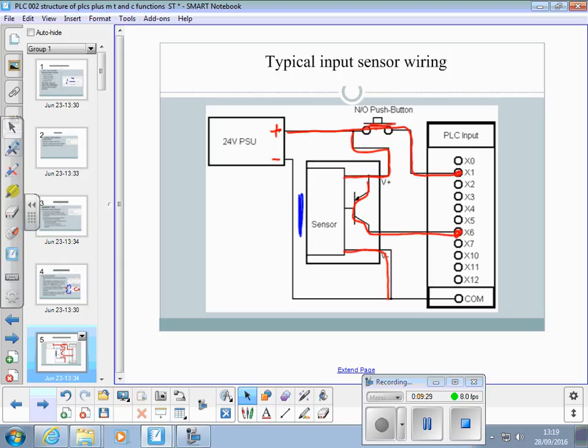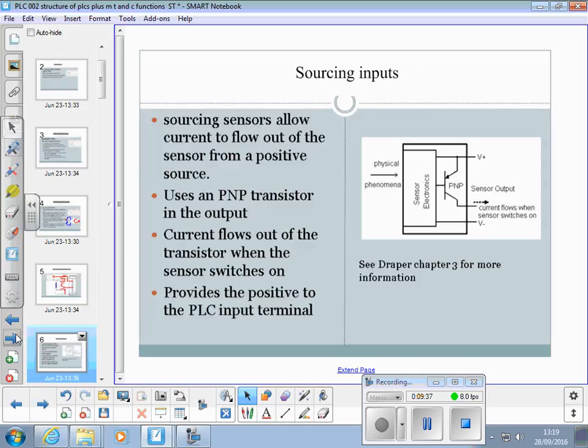To further complicate inputs, they can also be what's called sinking or sourcing. The example you've just seen was a sourcing type, like this one here. A sourcing type input actually has the transistor inside. It's a PNP transistor connected to V+.